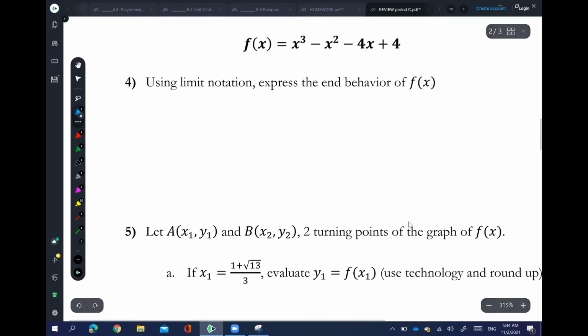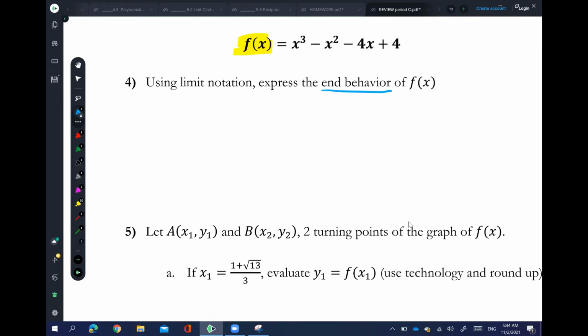Starting with question number 4, I'm going to focus exclusively on f of x, this polynomial function. Question number 4, using the limit notation, express the end behavior. End behavior means that you're going to make x approach negative and positive infinity.